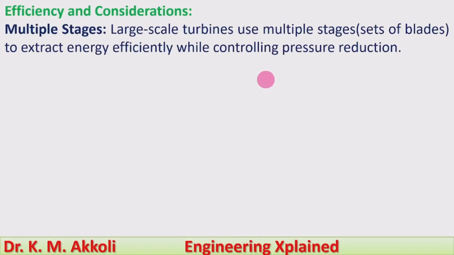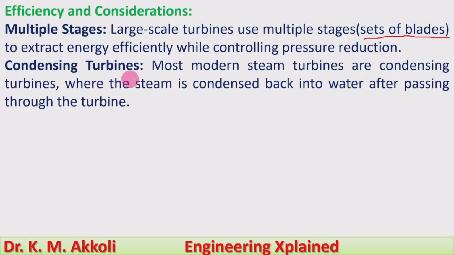Efficiency and considerations taken for steam turbines are multiple stages. Large scale turbines use multiple stages. What I've shown in this figure, the set of blades we use to extract energy efficiently while controlling pressure reduction. Condensing turbines. Most modern steam turbines are condensing turbines, where the steam is condensed back into water after passing through the turbine.